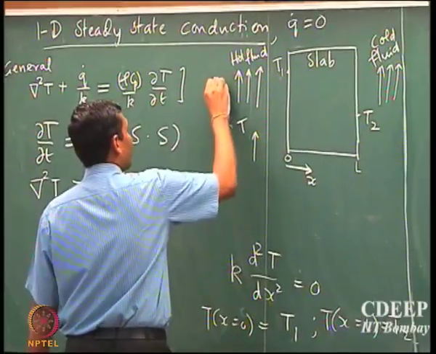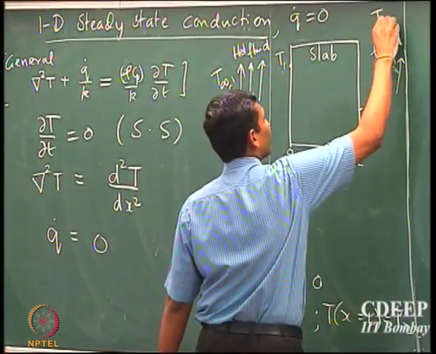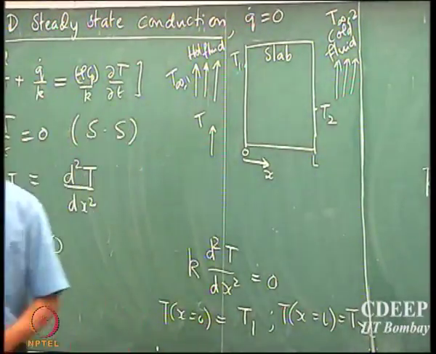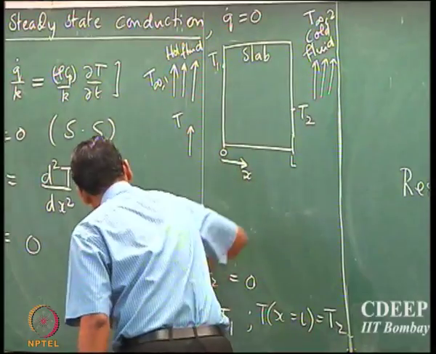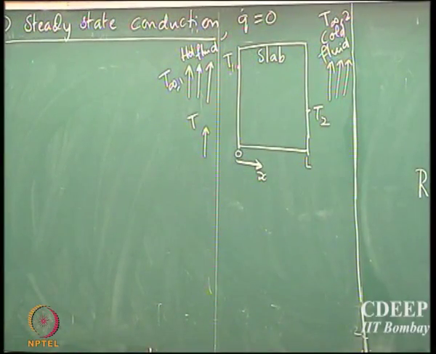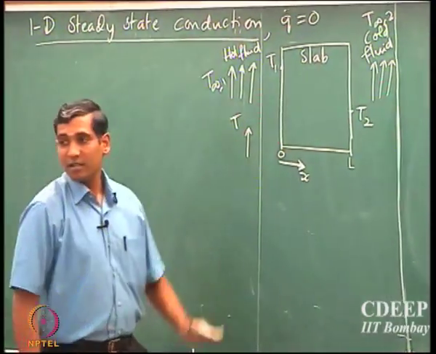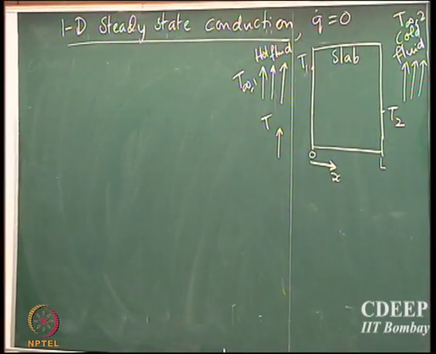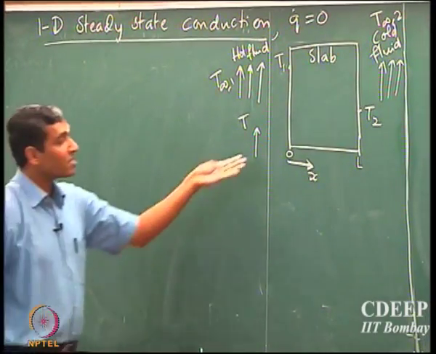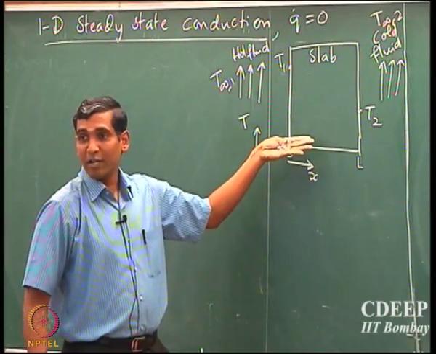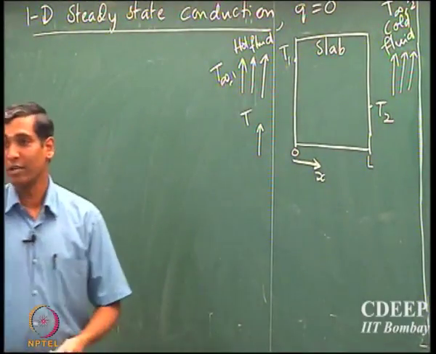If the temperature of the hot fluid is T infinity 1 and the temperature of the cold fluid is T infinity 2, what will be the resistance offered for heat transport from the hot fluid to the surface? How do we find that? We need to find the resistance offered for heat transport from the hot fluid to, let us say, the surface at x equal to 0.